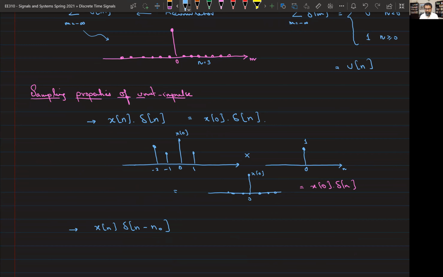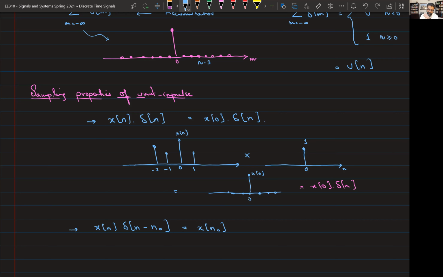So what is this equal to? What is x of n times delta of n minus n naught? Talha says x of n naught, but Talha, go ahead. So I was going to say the same thing, at x of n naught.